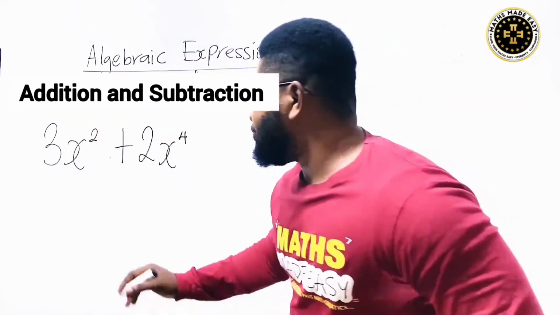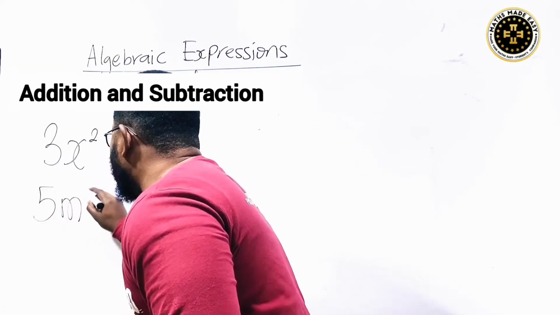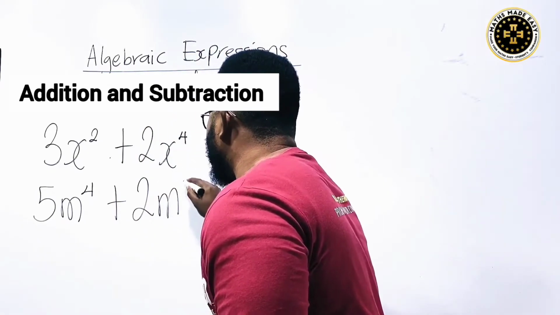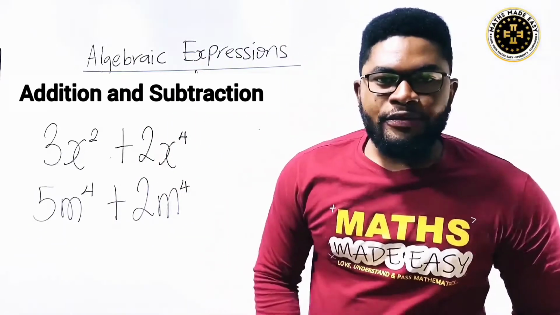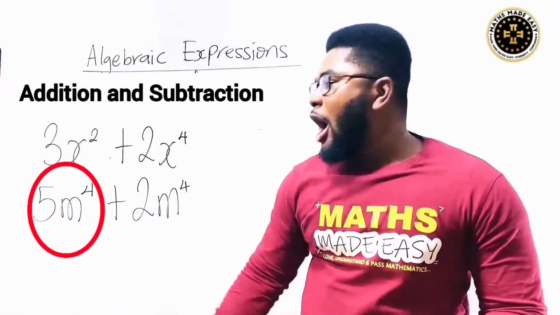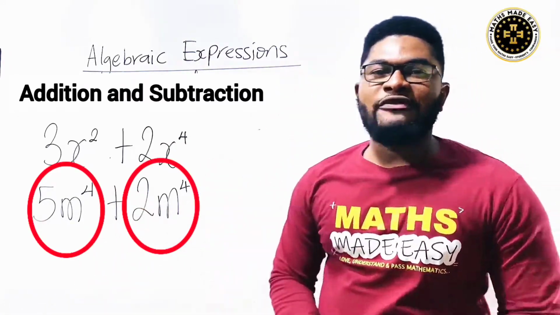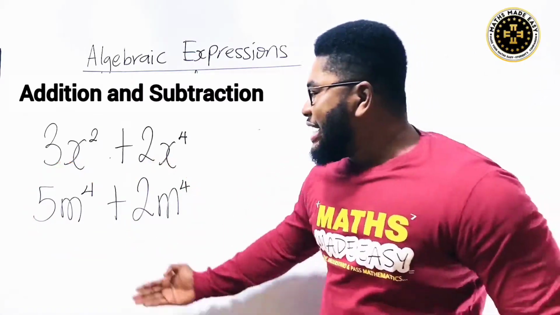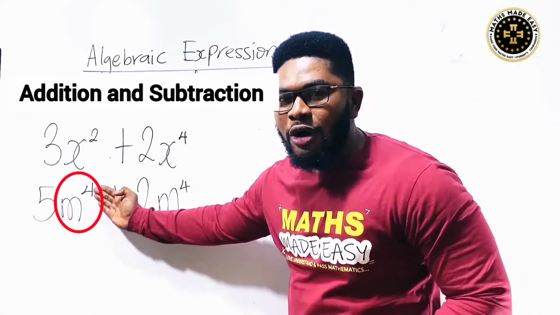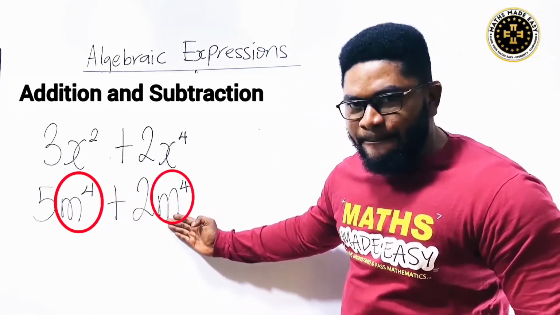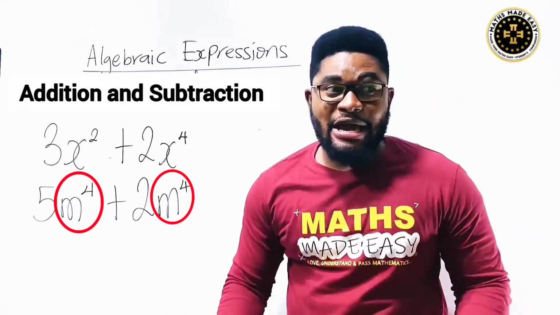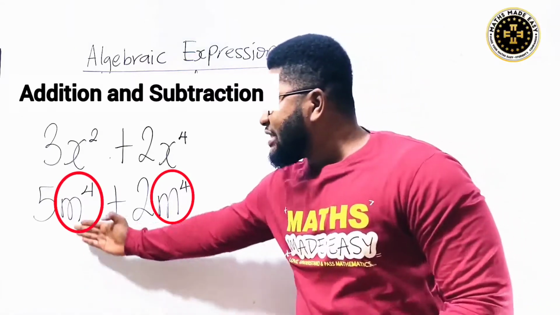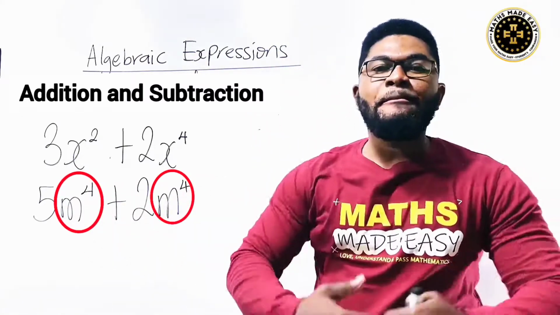Let's take another example. 5m raised to the power 4 plus 2m raised to the power 4. Now, the terms are 5m to the power 4 and 2m to the power 4. This is a typical example of like terms. Why? Since m is raised to the power 4 in the first term, and also m is still raised to the power 4 in the second term, we qualify these two terms as like terms because they have the same variables raised to the same powers.